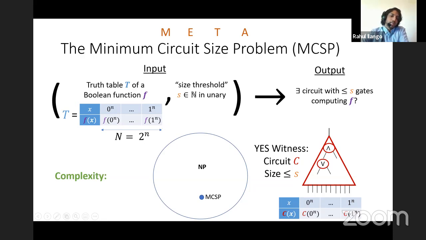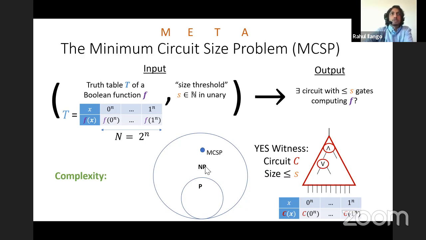So the problem is in NP. A natural question: could it be in P? Well, actually, we don't think the problem is in P, and the reason is, if it were in P, then cryptography as we know it wouldn't exist. I'm going to talk a lot about this a little bit later, but it basically means that we don't expect the problem to be in P. Okay, so we have some problem.